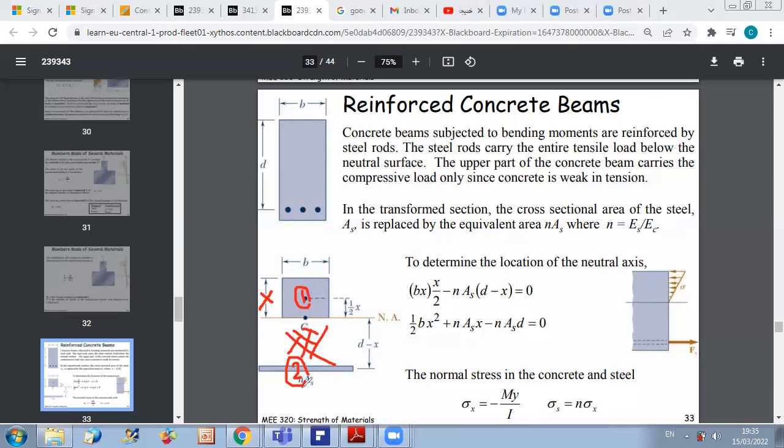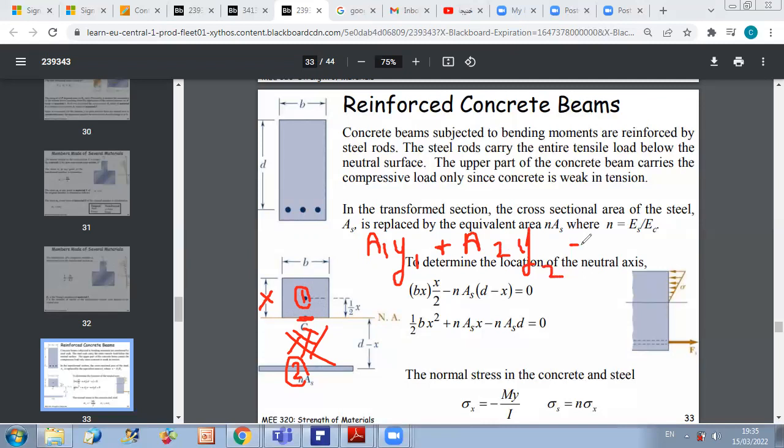Okay, so I just have two areas, and their centroid is located here at this level, corresponding to y equal to 0. So I first write a1y1 plus a2y2 equals 0.